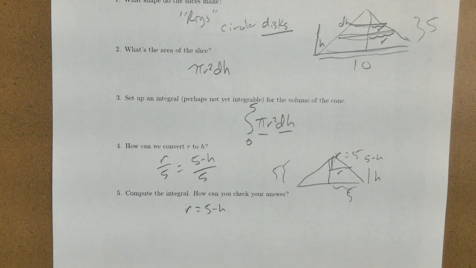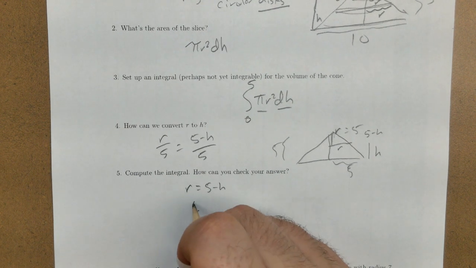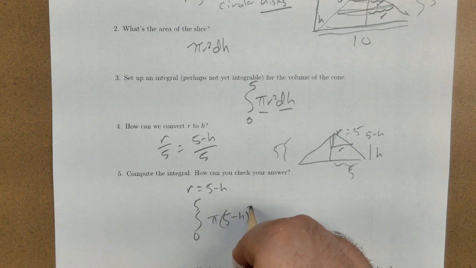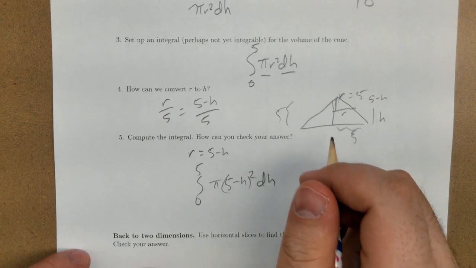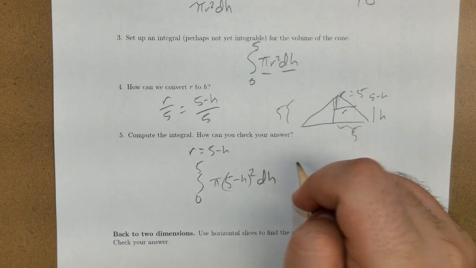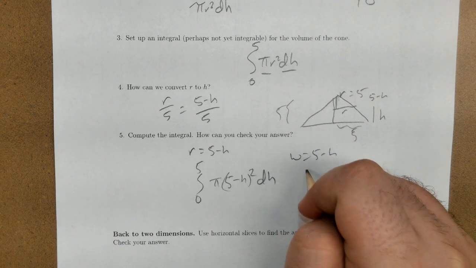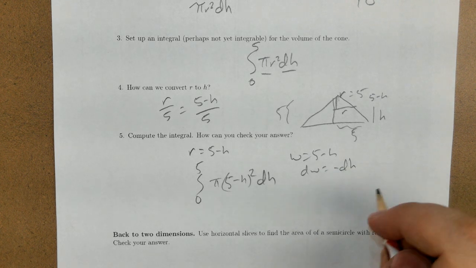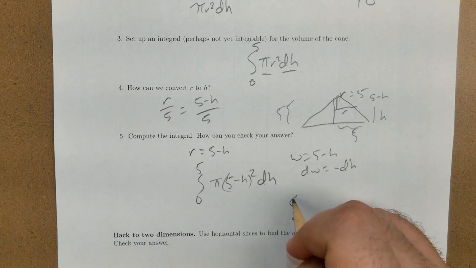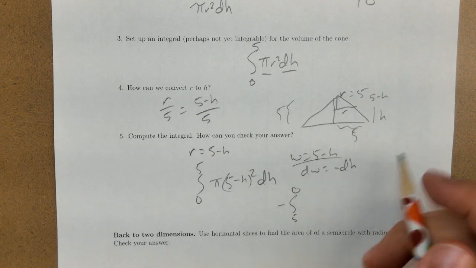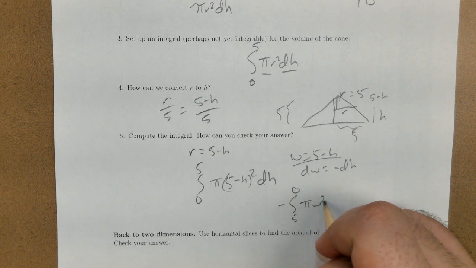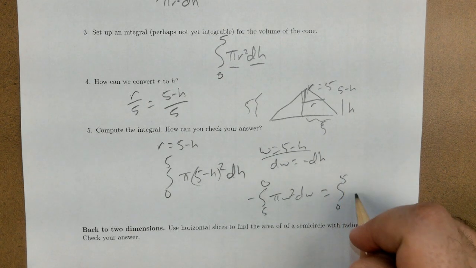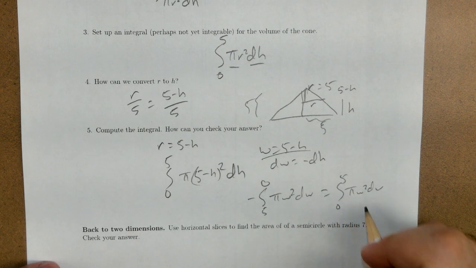Okay, I want r squared, so this is going to be from 0 to 5, pi (5 minus h) squared dh. I could FOIL this, but it's quicker if I just do a small w substitution. dw would be negative dh. So I get 5 to 0, because remember I have to change my limits as well, pi w squared dw, and then I'll flip that around: 0 to 5, pi w squared dw.